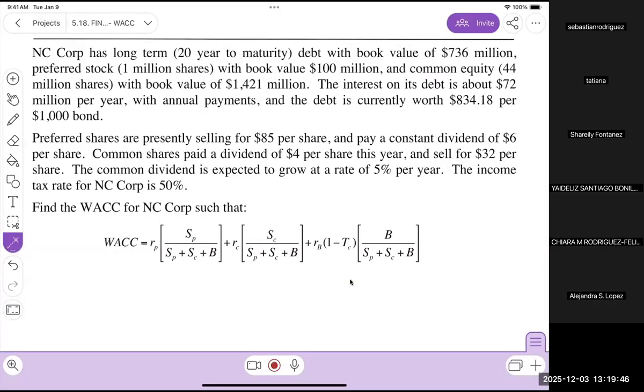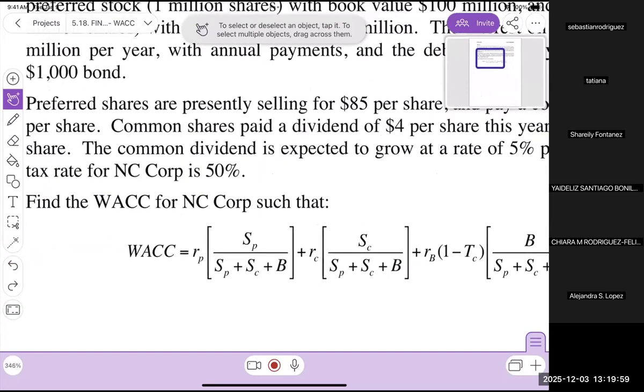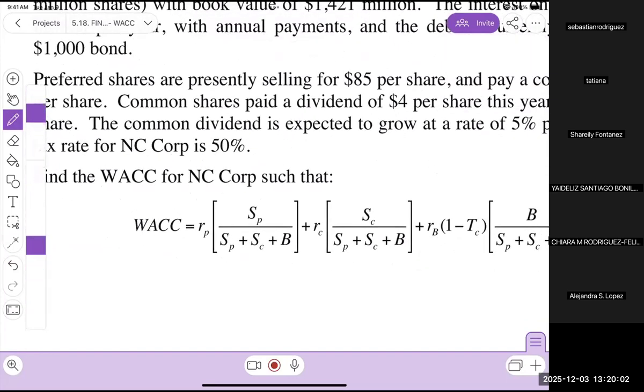So let's read for debt. I'm going to make it big for a second. We need to find the B and we need RB. We see TC is 50%. So let's read as much as we can about debt.